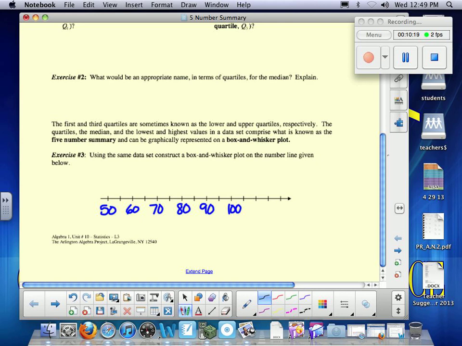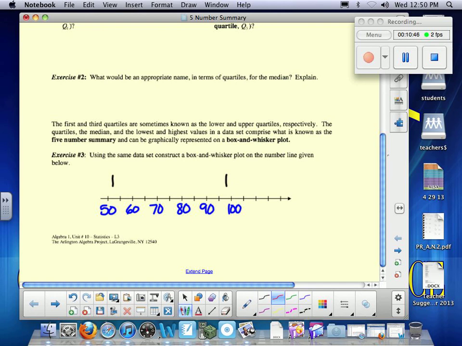So I'm going to make a small mark floating up here in space above where 52 is roughly. I'm going to do the same thing at this end at 98 roughly. Those two marks should be the same in length and they should be at the same level, same height. And you don't have to be perfect on that, just eyeball it.